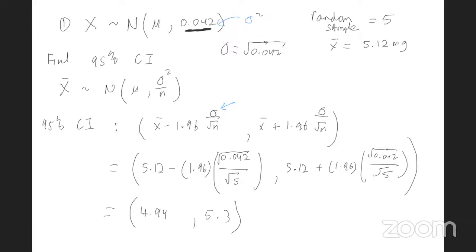So, by the way, for those who have time, what you could do is this: you could find the probability between 4.94 and 5.3 of mu, and you should get 0.95. All right, good. Let's try one now.